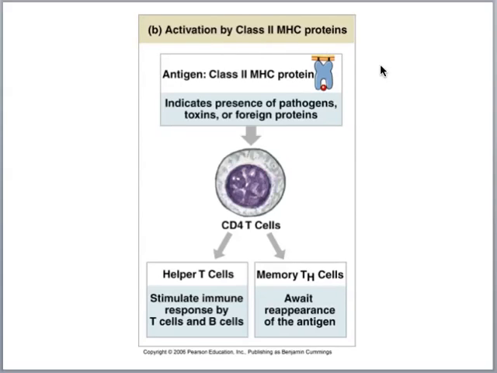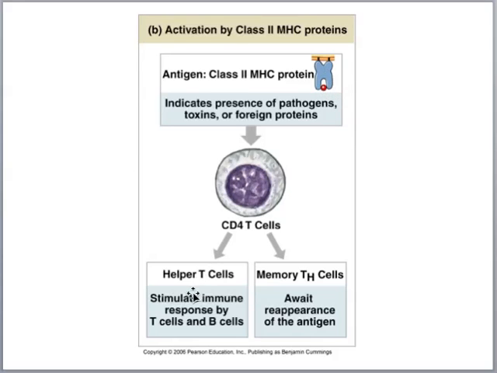All right, the next thing that happens is that these antigen-presenting cells will cause the activation of the CD4 cells. So again, they hold out the antigen on the class 2 MHC protein. We've got the CD4 cells getting activated.